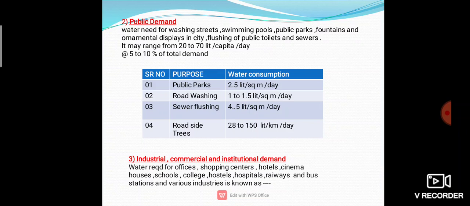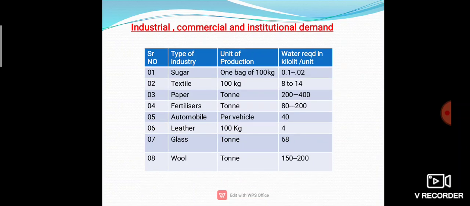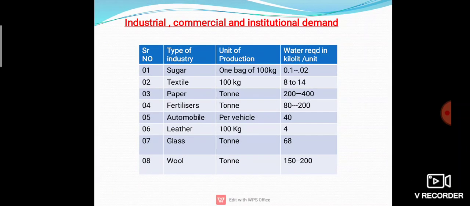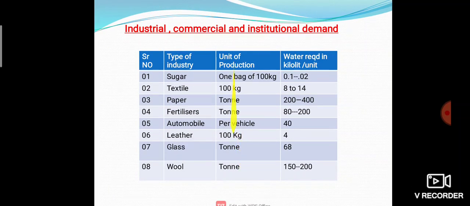It includes the huge amount of water required by factories for production, working, and manufacturing processes. For industries, the unit of population is given and water is required in liter units.